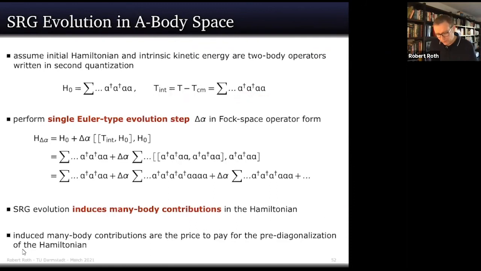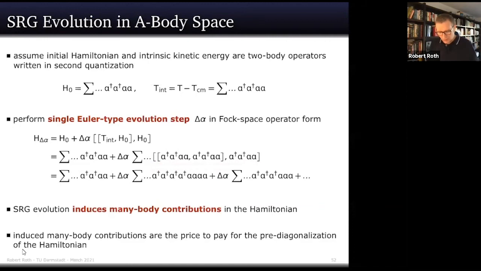Now I put these sketchy second quantization forms into this relation. Then I have my original Hamiltonian, which was two-body, and then I have these nested commutators of all these creation and annihilation operators. What I want to work out is, after evaluating these commutators, how many creation and annihilation operators are left? Or in other terms, what is the particle number rank of the interactions that are generated there?